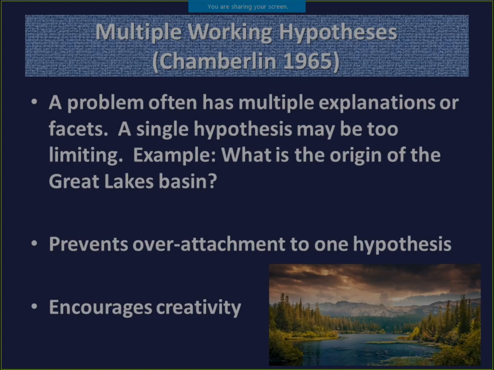So often coming up with a single hypothesis may be too limiting, because a problem often has multiple facets that can be better identified if you're considering multiple hypotheses. Chamberlain also talked about how if you have only one hypothesis, it can become somewhat like what he called an intellectual child. If it's our only one, we may simply not see anything that doesn't support it.